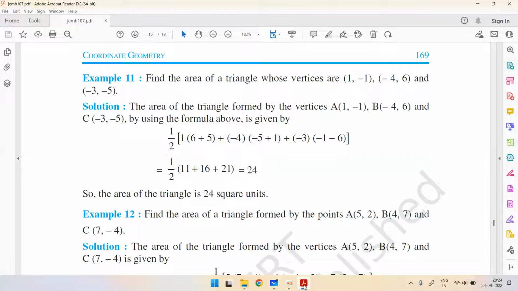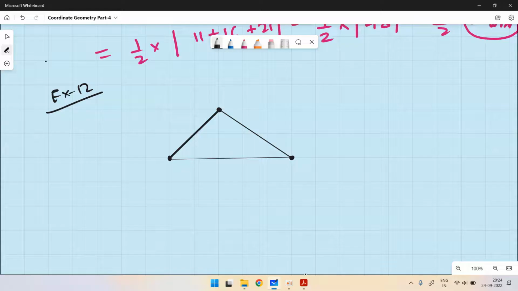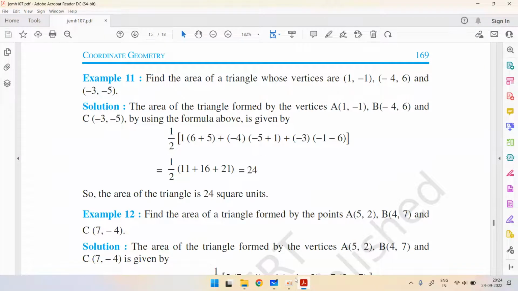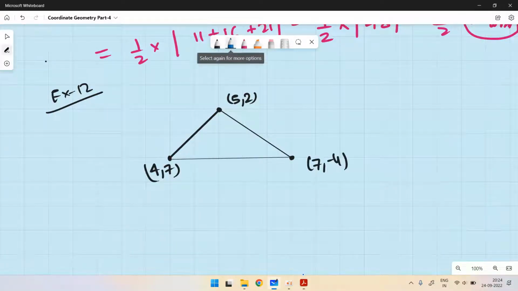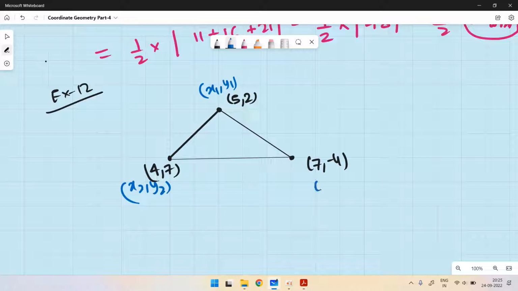The points are (5, 2), (4, 7), and the next point is (7, minus 4). This is x1, y1, this is my x2, y2, and let this be x3, y3, and I name these points A, B and C.